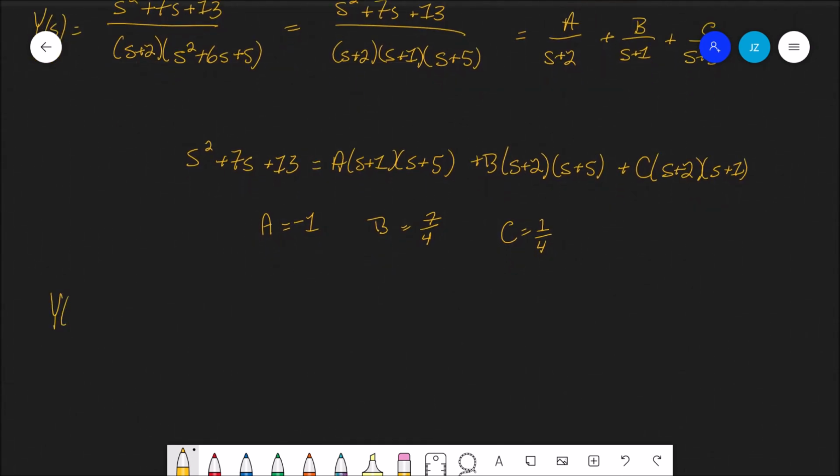So y of s is equal to 7/4 times 1 over s plus 1 plus 1/4 times 1 over s plus 5 minus 1 over s plus 2.